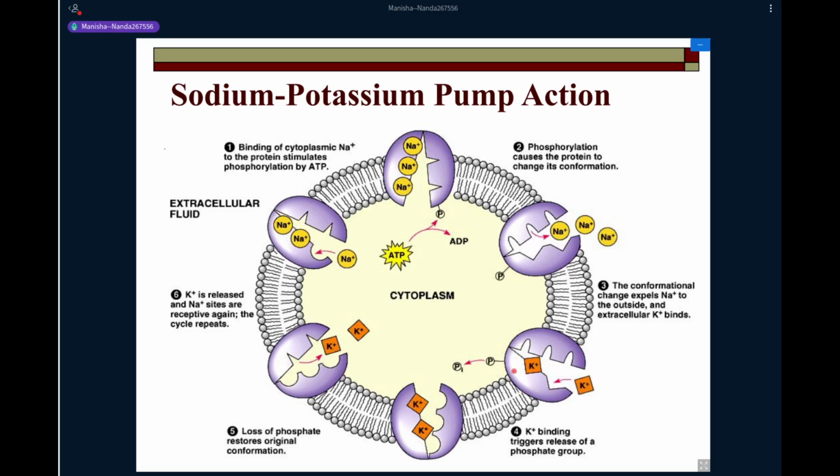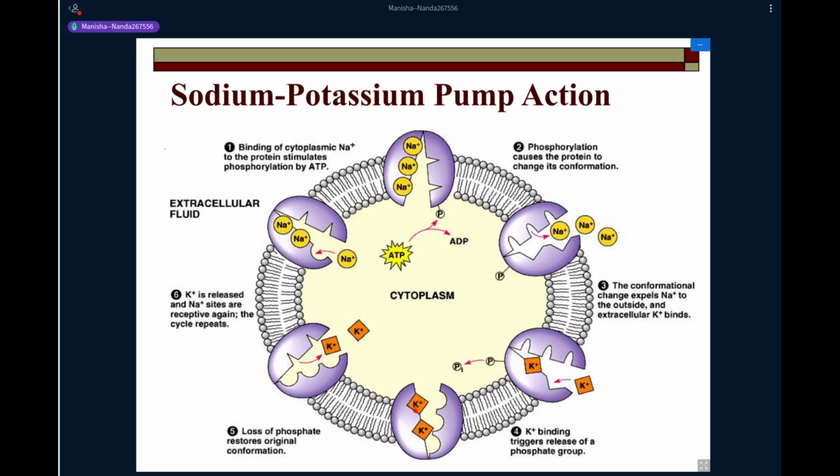As soon as these two potassium ions bind, this phosphate is released, and again the protein conformation changes. Whenever this protein is not phosphorylated, in its original state, it has a tendency to open up towards the cell interior. Binding of two potassiums releases this phosphate from the protein.